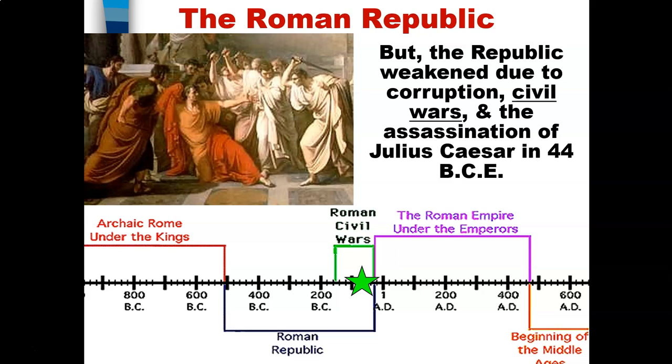Very important component. Corruption usually brings decline to an empire. On top of corruption, there were civil wars. And on top of civil wars, you had the assassination of Julius Caesar in the year 44 BCE. So all of this eventually led to a massive decline in the Roman Republic.